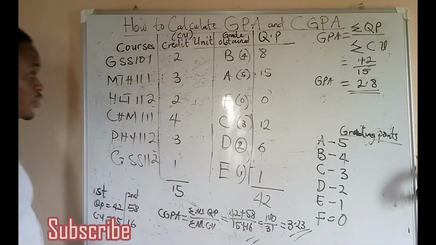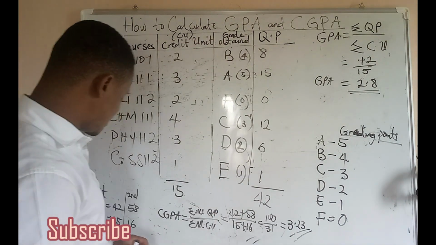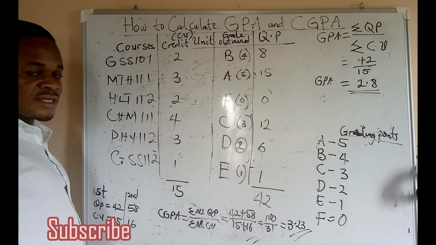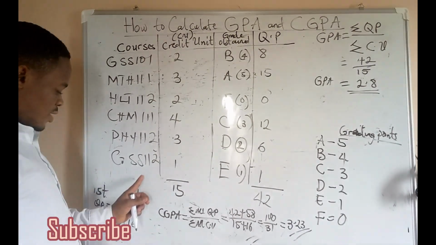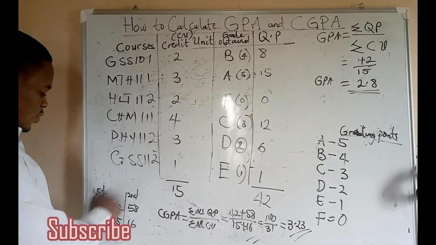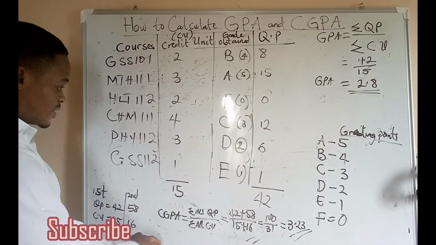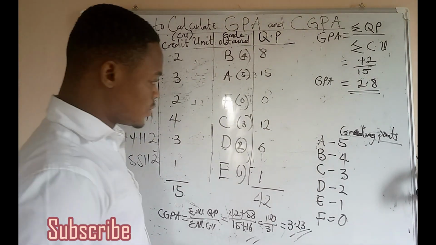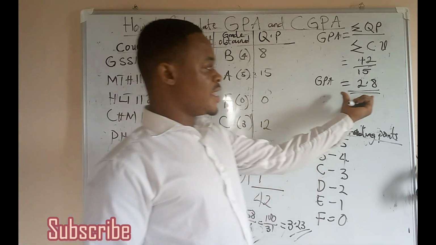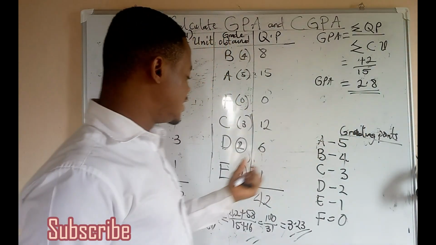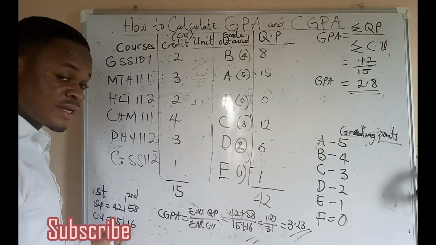So that's how to get your GPA and your CGPA. Assuming you have 3 semesters here, you also add the 3 and divide by the number of CUs. Others can equally use the GPA for this semester plus the GPA for the second semester.